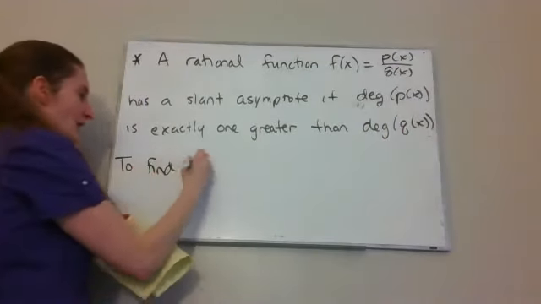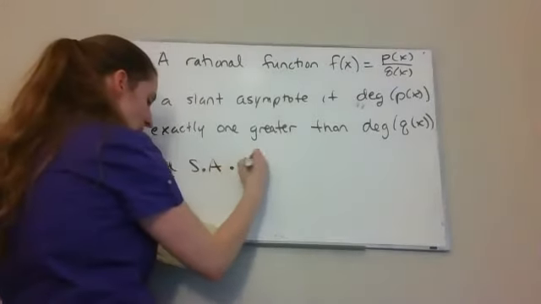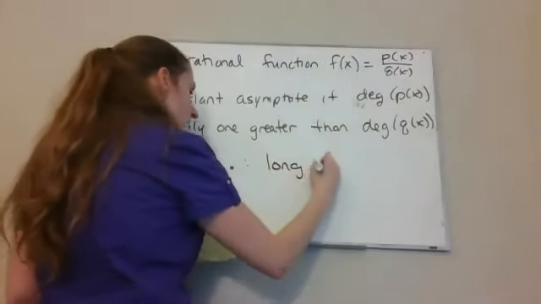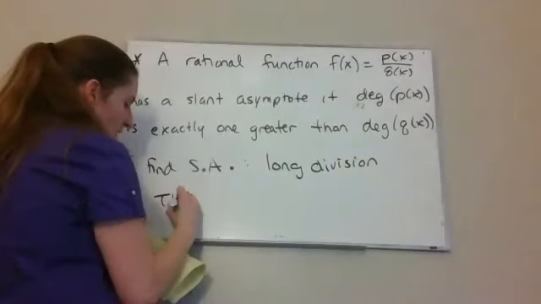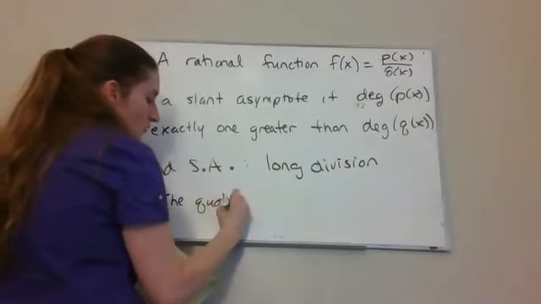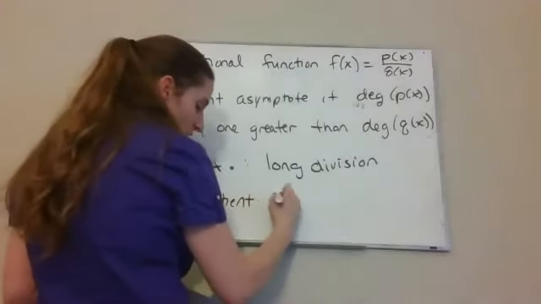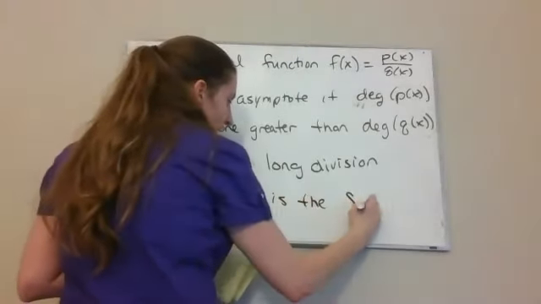And then to find your slant asymptote, use long division. The quotient without the remainder is the slant asymptote.